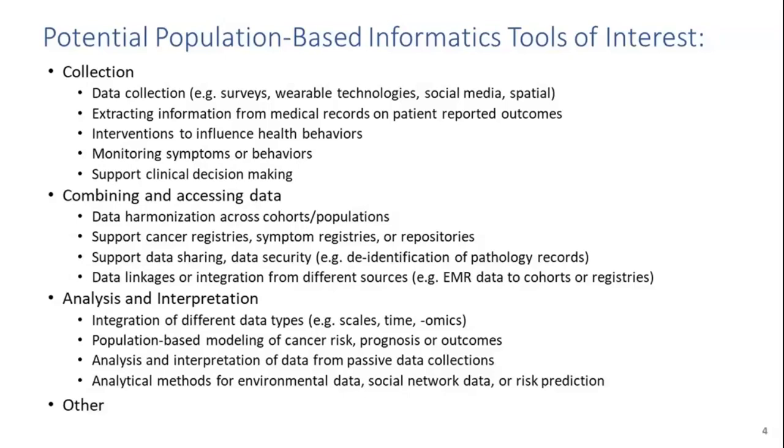These tools can also include those that combine and help access data, such as tools that support data harmonization across cohorts and populations, or tools that support our cancer registries, symptom registries, or other repositories.